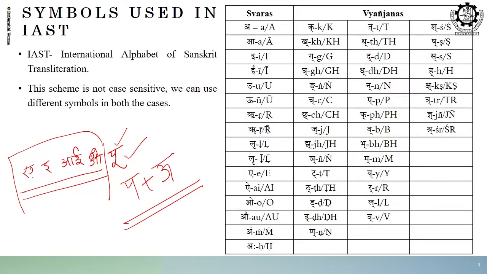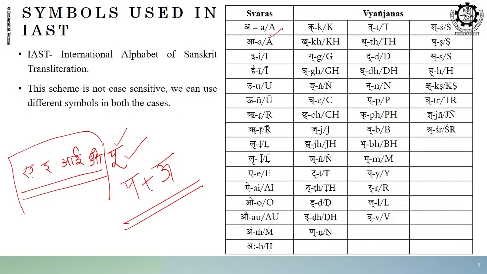One special instruction regarding this IAST, the International Alphabet of Sanskrit Transliteration, is that this scheme is not case sensitive. You can use either uppercase or lowercase, it doesn't matter, but the symbol needs to be followed as it is.